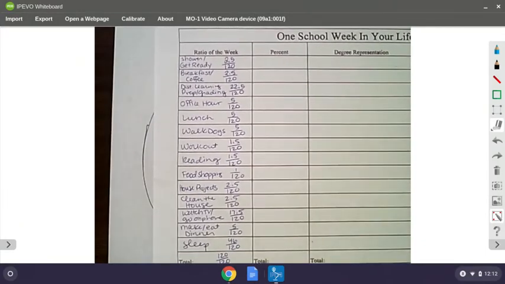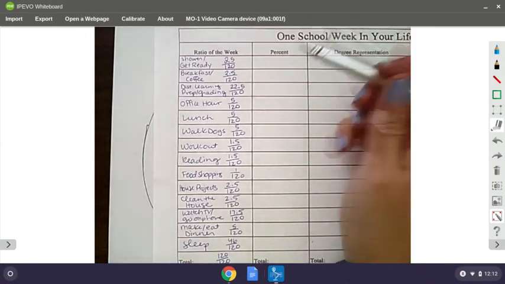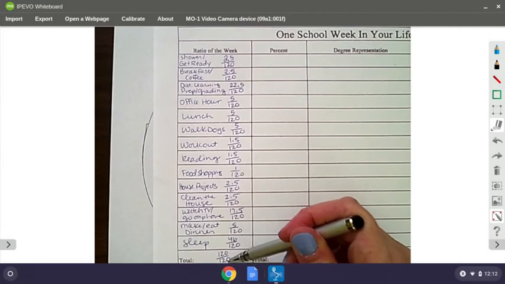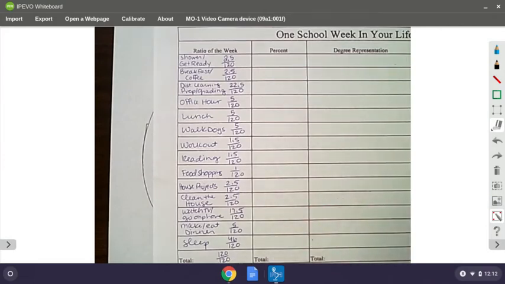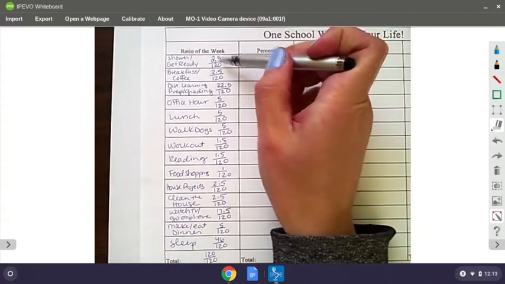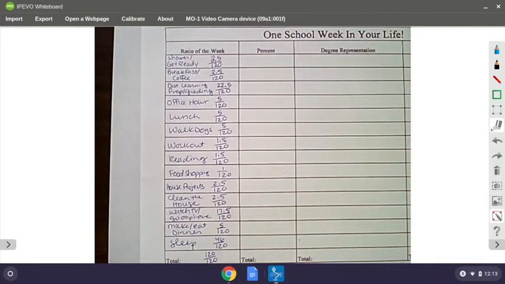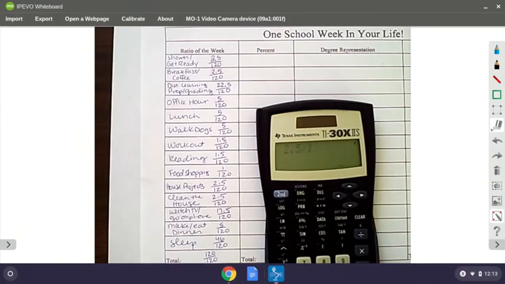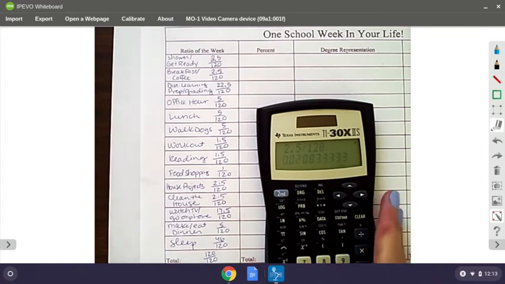Okay, so this is what it looks like when you have all of your ratios written. If you add all of your numerators, it should add to 120 over 120. So from here, how you get your ratio into a percent is you just divide them. So 2.5 divided by 120, which is 0.0208.